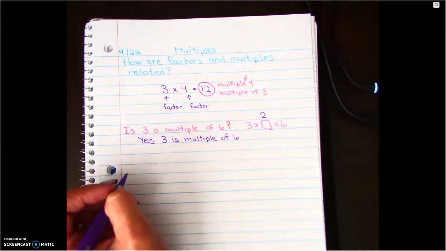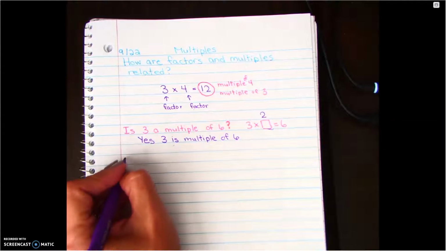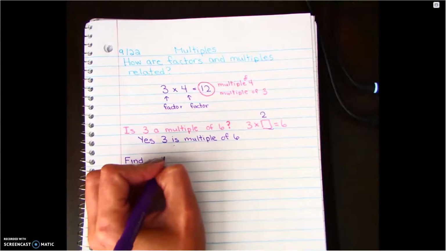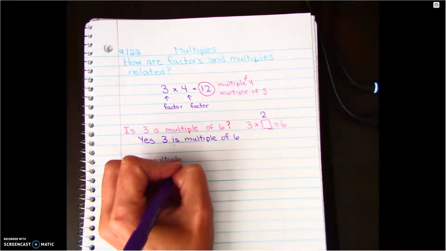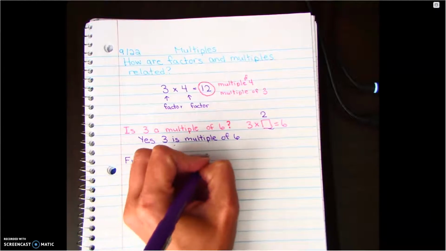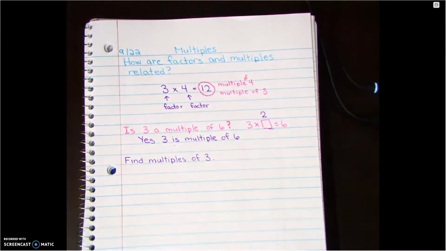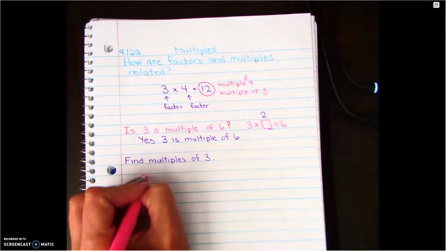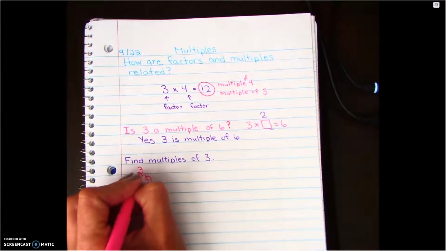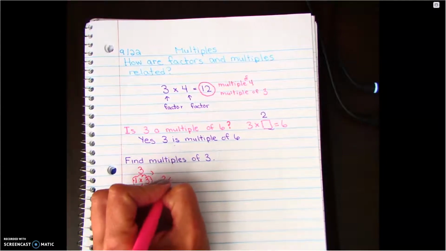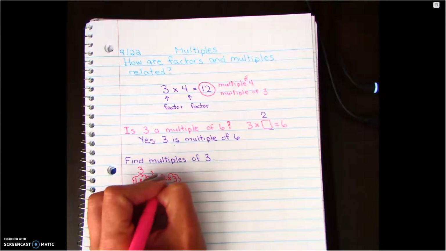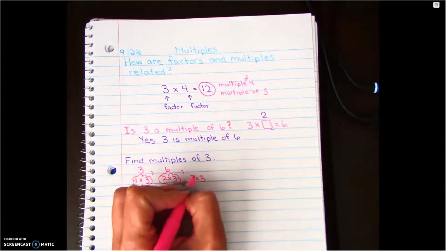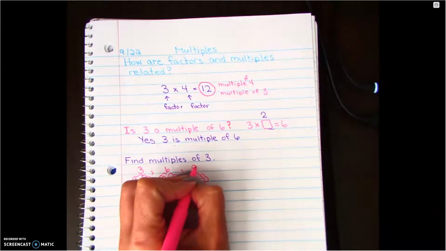Now, this is another way. It's going to say find multiples of 3. So what you think in your head is, this is our think. We think, okay, 1 times 3, so 3 is a multiple. Then we think 2 times 3, that means 6 is a multiple. Then 3 times 3, and that means 9 is a multiple.